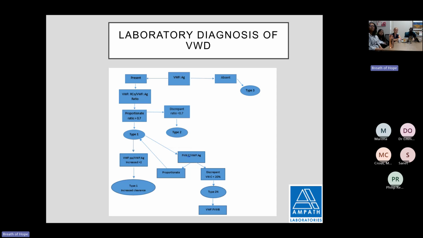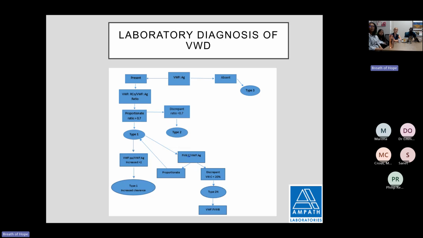Usually the type 2Ns do also have a proportionate ratio of function over antigen, but we will also detect that our factor 8 level is discrepant according to the antigen present. And usually if your factor 8 is less than 20% or very low, this is suggestive of a type 2N.